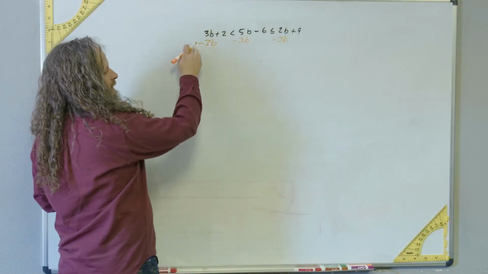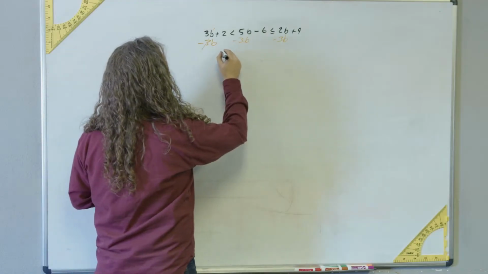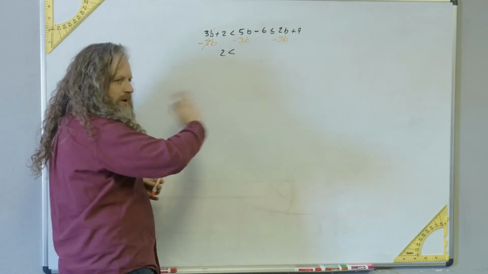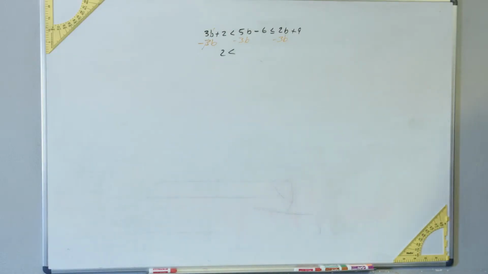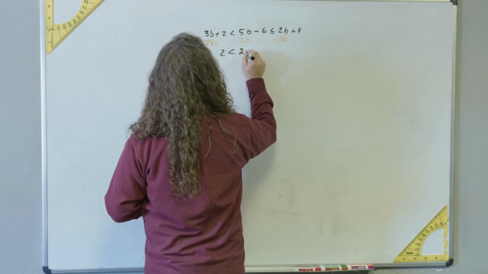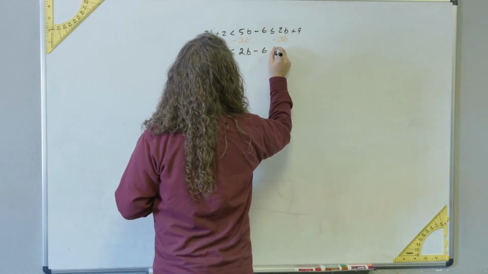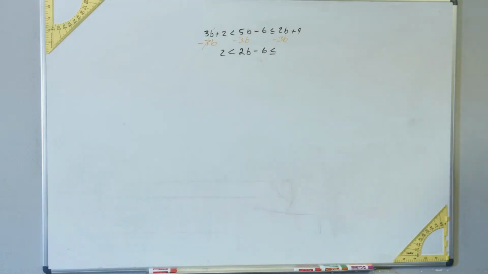Because 3b minus 3b is 0. Right? And we can do whatever we want to this, just like an equation, as long as we do it everywhere, right? 5b minus 3b, that's easy. That's 2b, right? And then 2b minus 3b is what? Negative b.